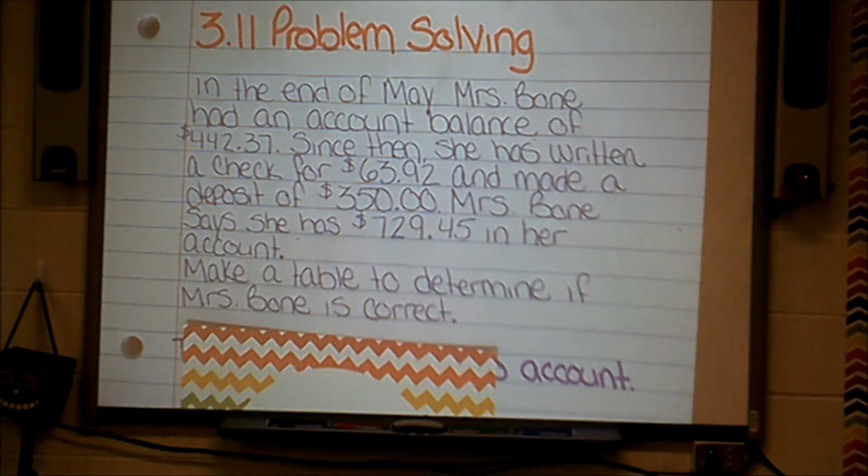Mrs. Bone says that she has $729.45 in her account. What we need to do is make a table in order to determine if Mrs. Bone is correct in saying that she has $729.45 in her account.